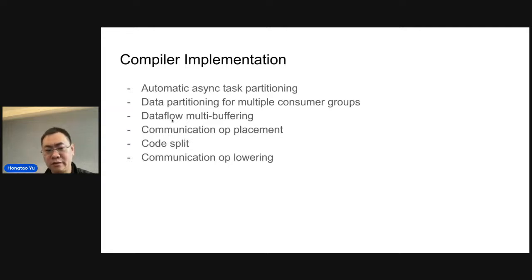For the producer and consumer, we support multi-buffering so that the producer does not necessarily have to be blocked by the consumer. It can move forward with additional buffers. And synchronization, primitive operations placement, and actual code split and lowering are pretty much the infrastructure we were building.